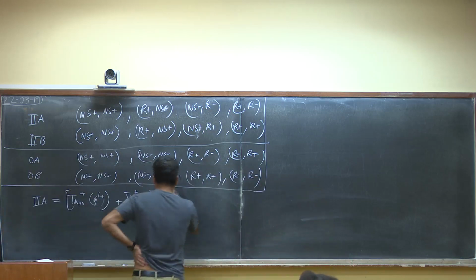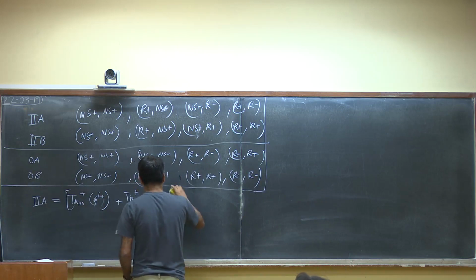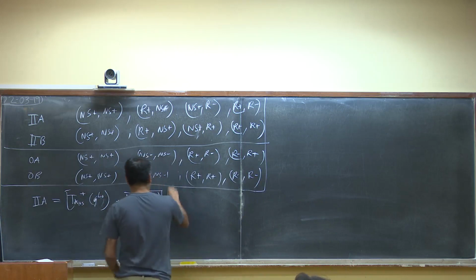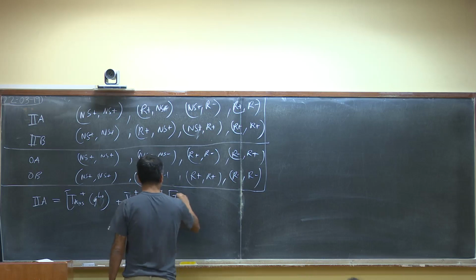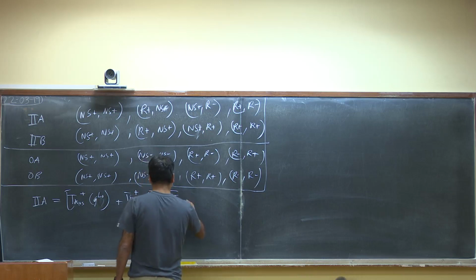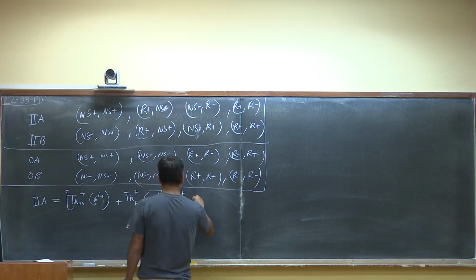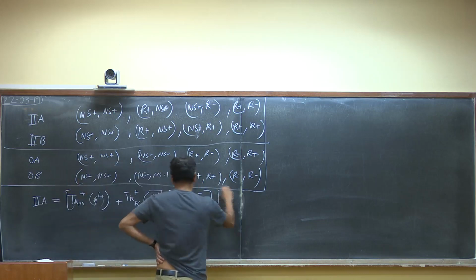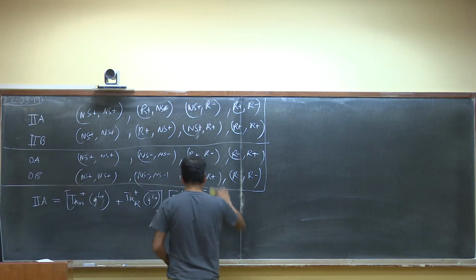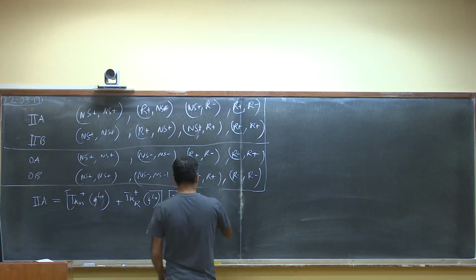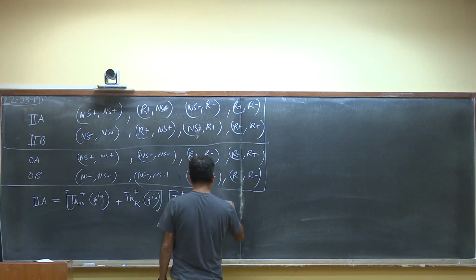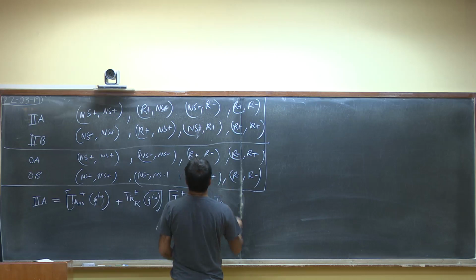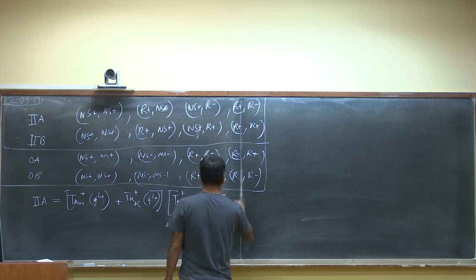Multiplied by exactly the trace in the NS sector with a plus, and now this q bar to the pi L naught bar, and a plus trace in the Ramond sector with a minus now, q bar to the pi L naught bar.